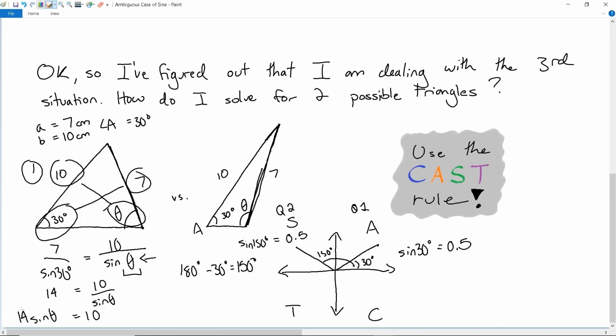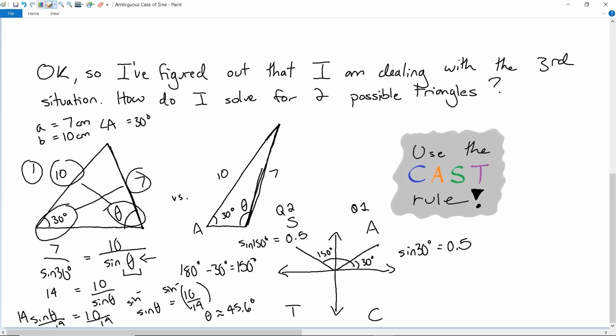I'm going to need to get rid of this 14 on the left side, so I would divide both sides by 14. And then finally, I just need to inverse sine both sides to solve for my angle. And you'll find that your angle should be roughly 45.6 degrees.